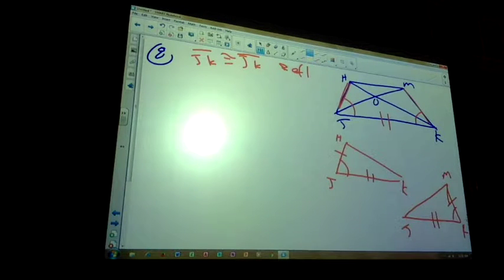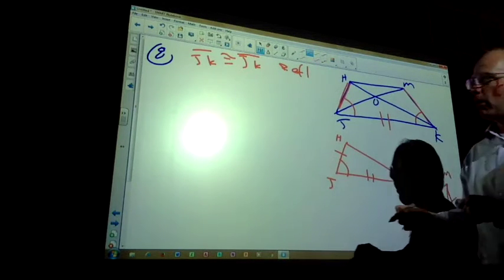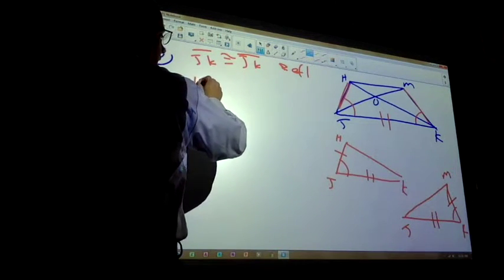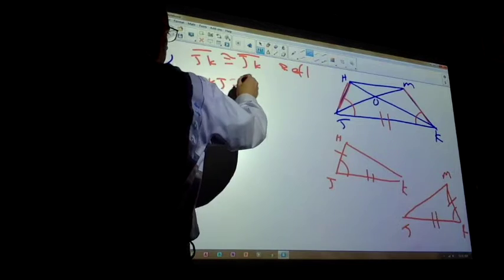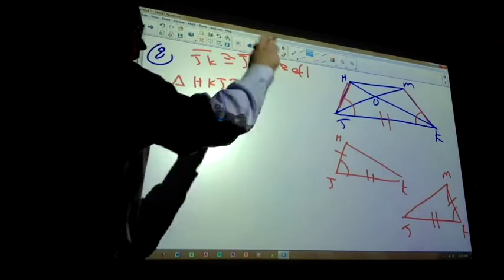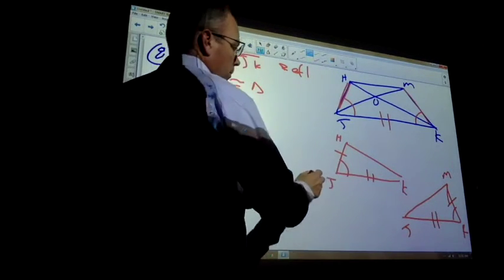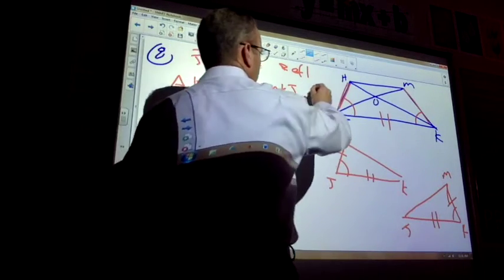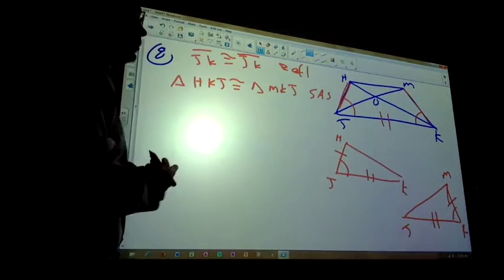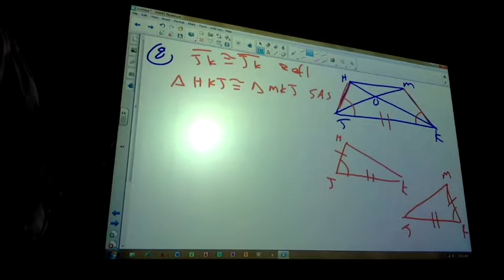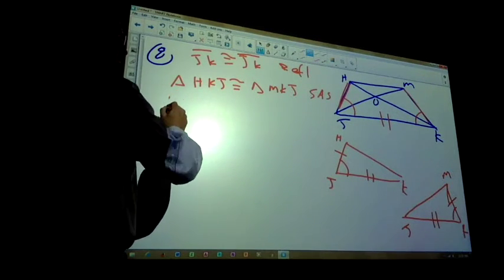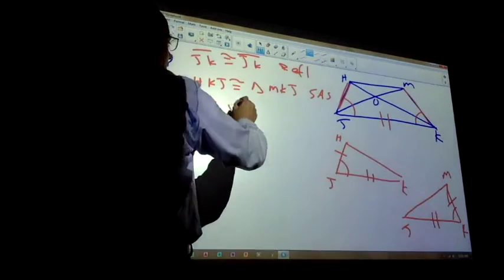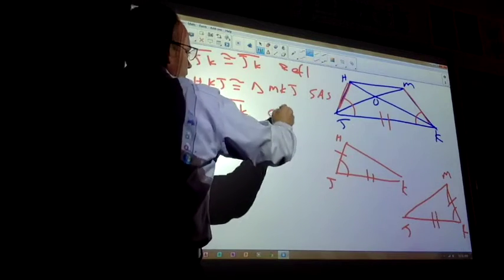Those two triangles are congruent because of side angle side. I just wanted to pull them apart just so we could see it. So I can say that triangle HKJ is congruent to triangle MKJ because of side angle side. Which is going to allow me to say that HK is congruent to JK, CPCTC.